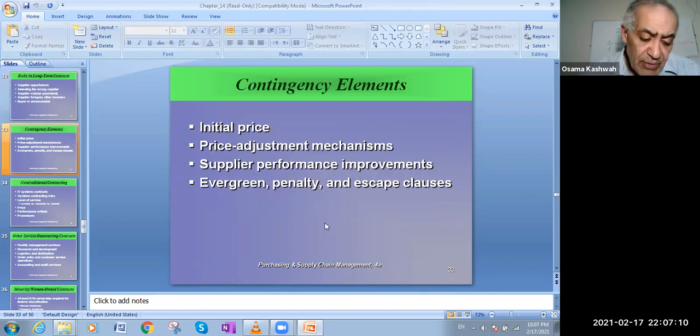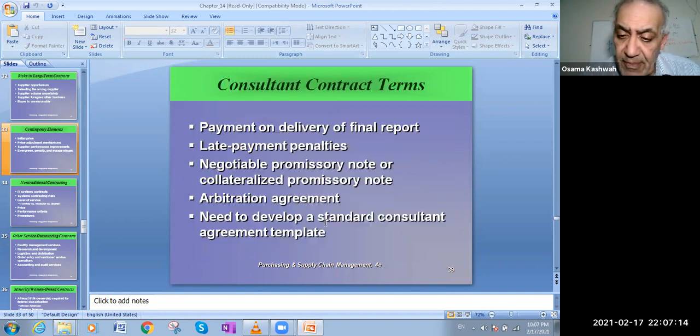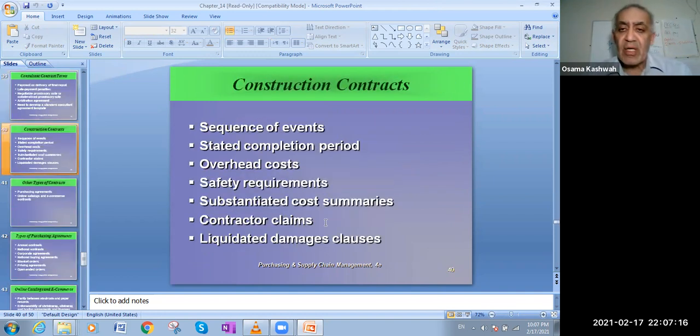We will go now to page 40, about one of the types of contracts, which is called construction contracts. Construction contracts depend on some aspects, like sequence of events and a stated completion period, from the start of building, for example, till the end of the building.